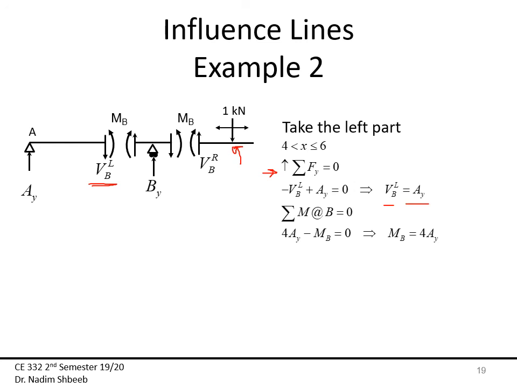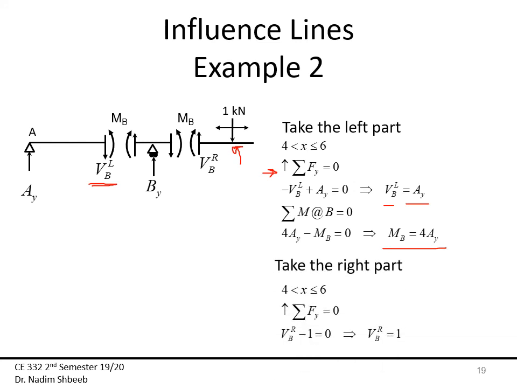So as the load is moving here, my VB left is going to be AY. Here, if you notice, VB left has actual values as long as the load is moving along the beam, while VB right was 0 for some instances. Taking the moment at B equal to 0, then 4AY minus MB is equal to 0, then MB is equal to 4AY.